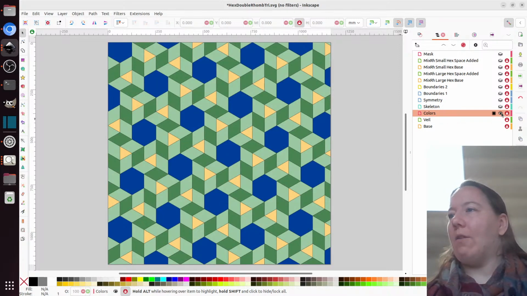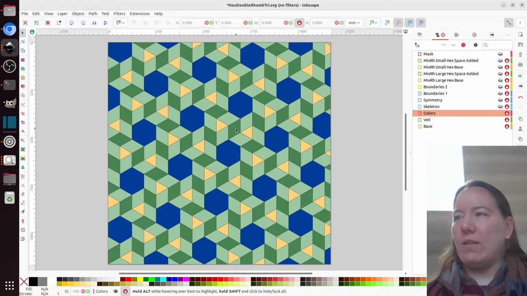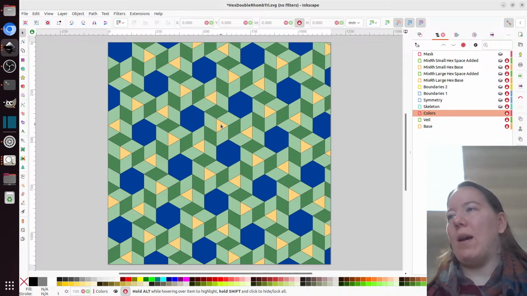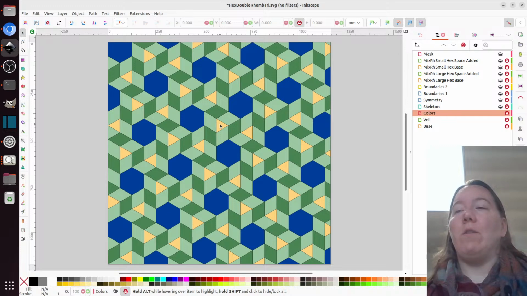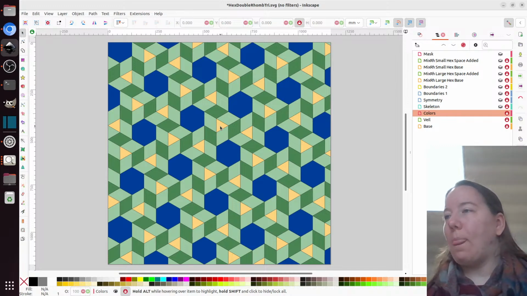I do have this smoother, shall we say, colored form, which shows, okay, this rhombus is actually distinct from that rhombus, and we have that other triangle. So we have these 1, 2, 3, 4 different twist positions.